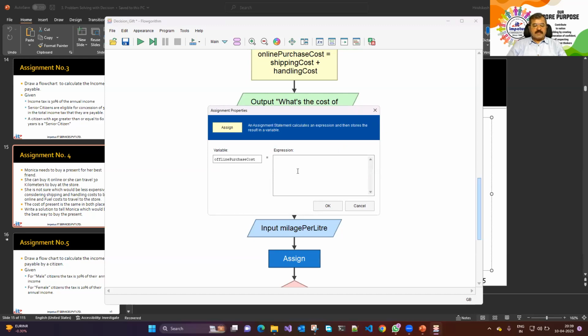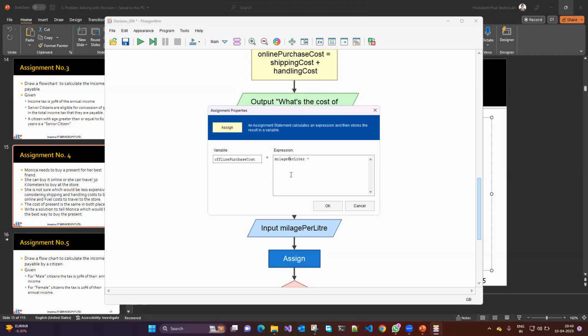Purchase cost is equal to your mileage per liter into trip distance, mileage per liter into what is the total cost of the fuel? Total trip distance, right? Yes.